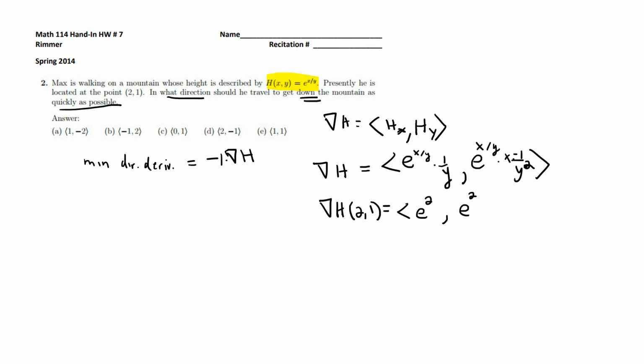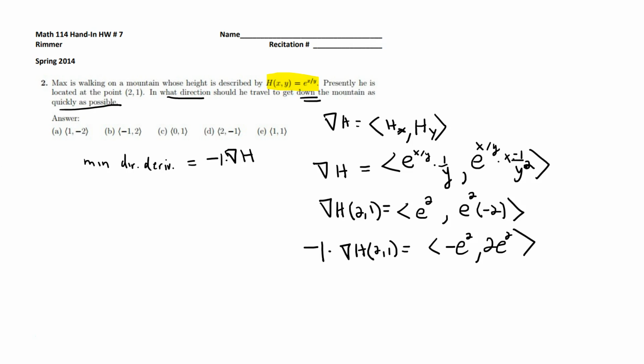And then in the j component, you'll have a -2 times e to the 2. This is your answer when you multiply it by a -1. And so what we get is -e squared and 2e squared.